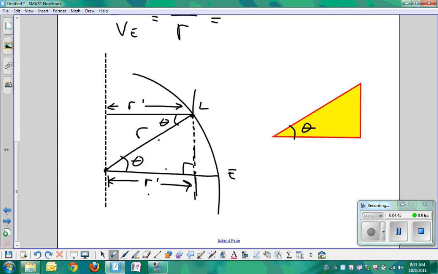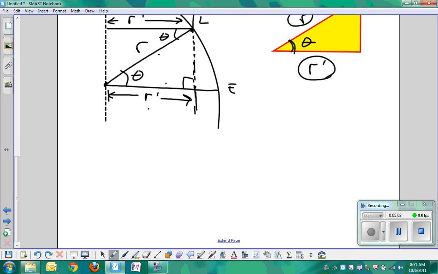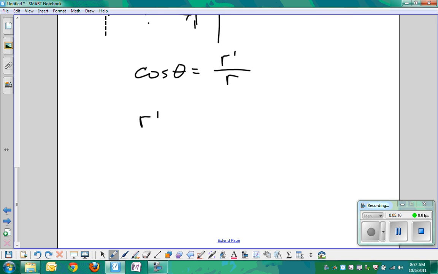This angle right here we know is our latitude, 40 degrees. We know R right here because that's Earth's radius, and what we're trying to find is R prime. So we have a relationship among an angle, the adjacent leg, and the hypotenuse, which is which trig function? Cosine. So we know that cosine theta is equal to adjacent r prime over hypotenuse r. We're trying to find r prime. R prime is equal to r cosine theta.